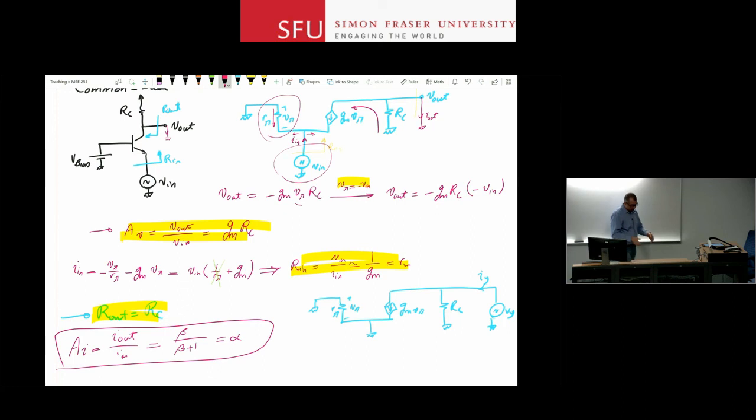And there is a table in your slides and in your textbook, and I also provided samples of the final exams from previous years that has all these properties of these 3 stages summarized, right? So the common emitter, common base, and common collector stage, you have values for the input, output resistances, as well as the voltage and current gains that you can use to maybe skip the full small signal analysis in some cases.